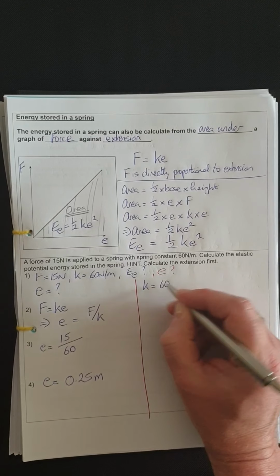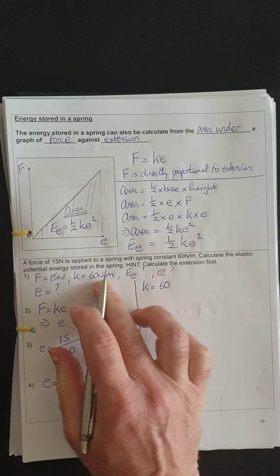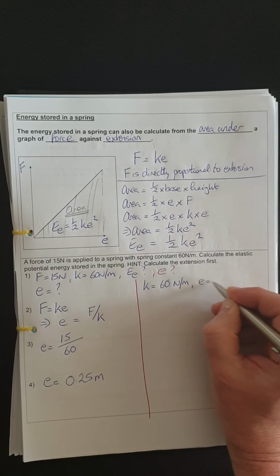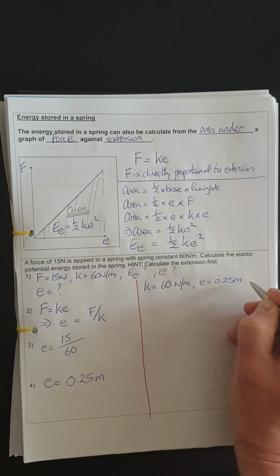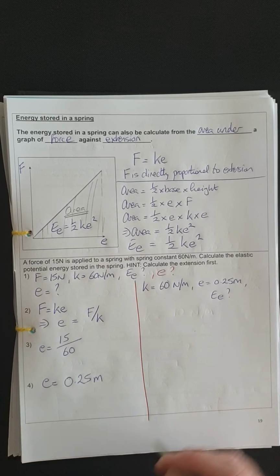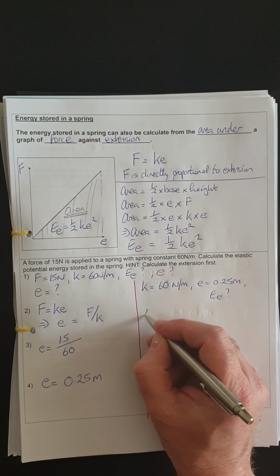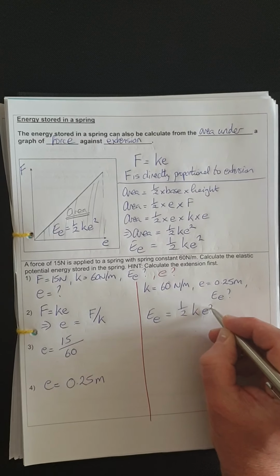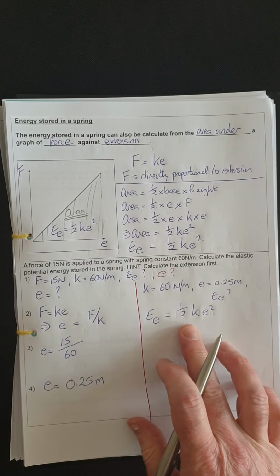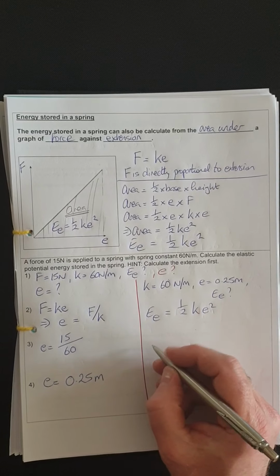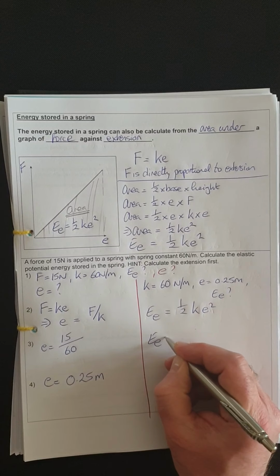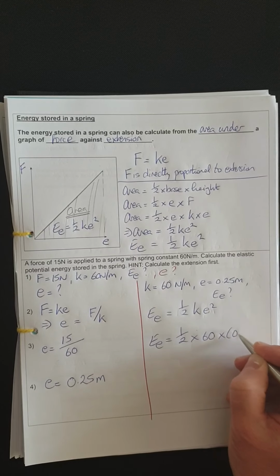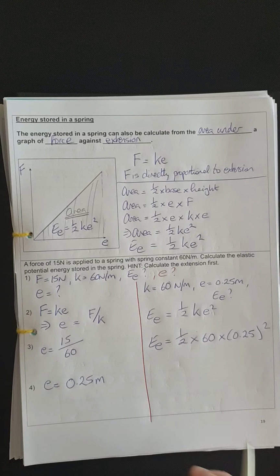So now I can work out my value for the elastic potential energy, because now I've got a value for K, I've got a value for E, and I'm looking for the value for this. My equation, as before, is the elastic potential energy is equal to half times K times the extension squared. So putting in the numbers, that gives me a half multiplied by 60 multiplied by 0.25 squared.